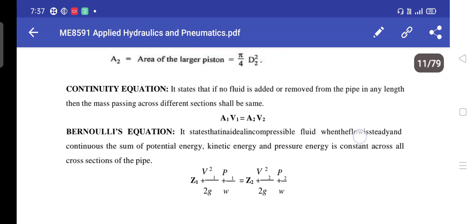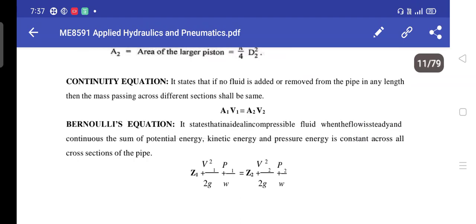Bernoulli's equation states that in an ideal incompressible fluid, when the flow is steady and continuous, the sum of potential energy, kinetic energy and pressure energy is constant across all cross sections of the pipe.